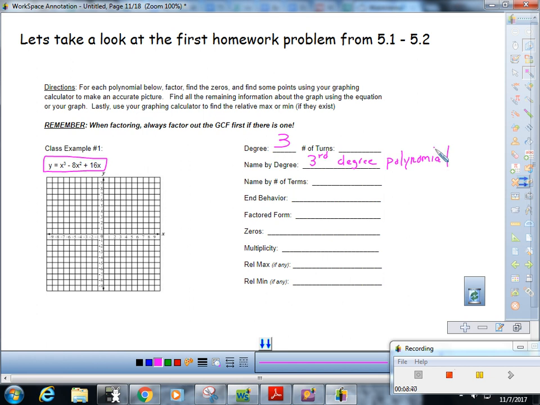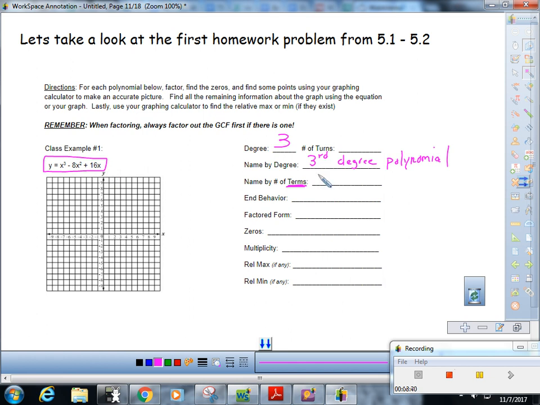Okay. How many terms are there? I'm sorry, not turns. You're right. We do not know how many turns. How many terms, like germs? How many terms are in this equation? There are 3. Y does not count.